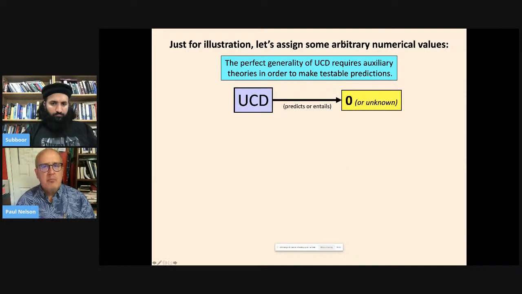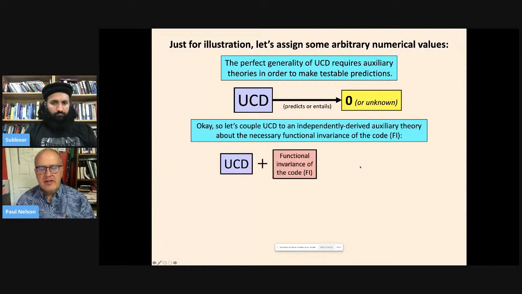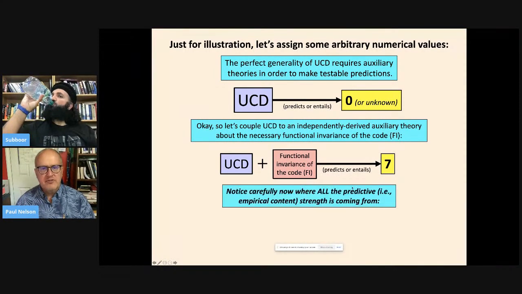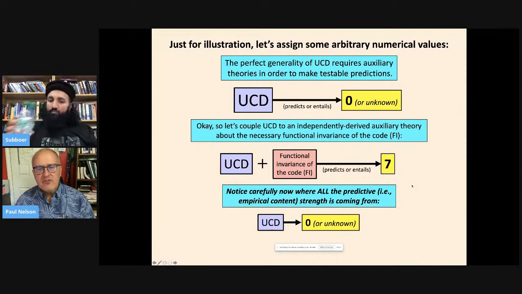If we just put in some arbitrary numerical values just to illustrate the point, universal common descent by itself predicts nothing, or the prediction is unknown or indeterminate. So let's couple it to the theory of functional invariance, and that gives us a value. Again, this is just an arbitrary number to illustrate the point. Now notice where all the predictive strength is coming from.